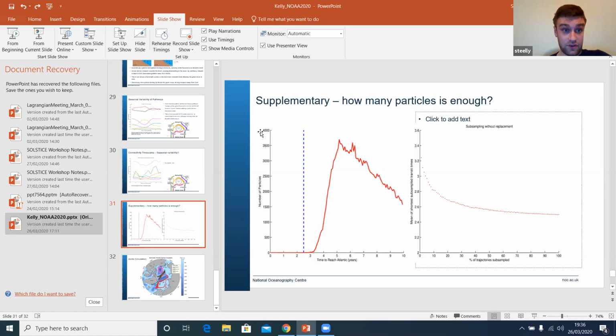The short answer is we can't check, just because we've used the highest resolution that is possibly available to us. We could do lower resolution experiments. That is a good idea, actually, to try and work out how sensitive these results are to the resolution we're using. But the thing I would caution against is that one of the important things we're finding here is passage through the Canadian archipelago.